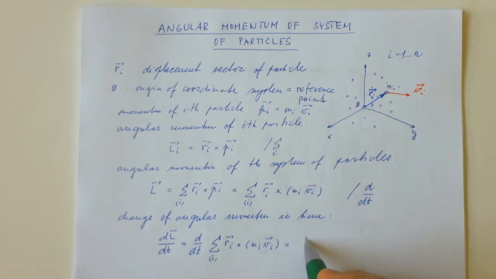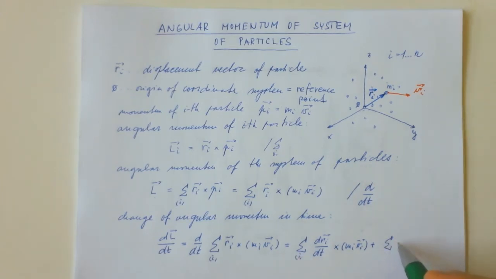So it's the sum of dRi over dt cross mi vi plus the sum of Ri cross mi dvi over dt.